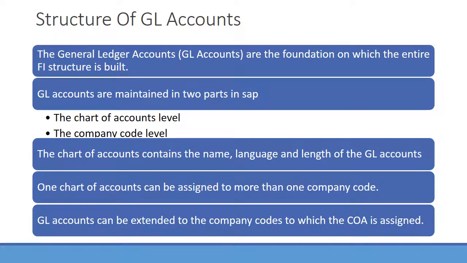Let us see how the GL accounts are structured. The general ledger accounts, as I told you, are the foundation on which the entire FI structure is built. The GL accounts are maintained in two parts in SAP, namely the chart of accounts level and the company code level.